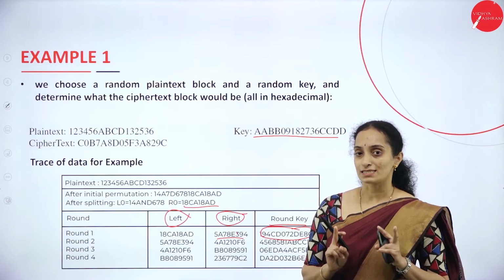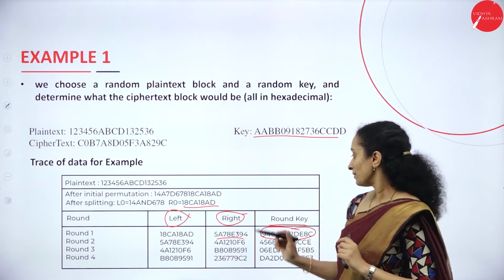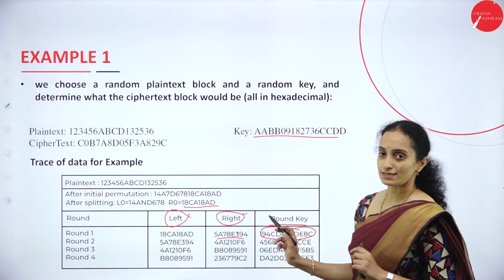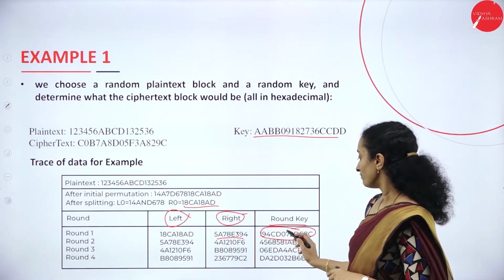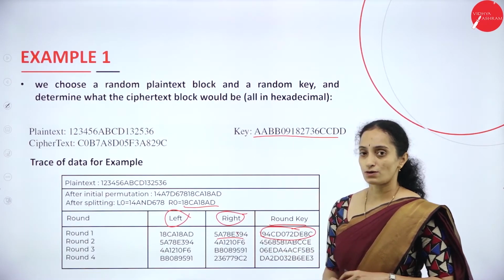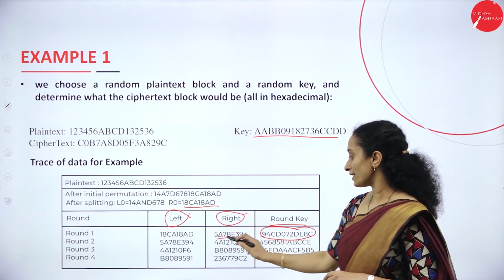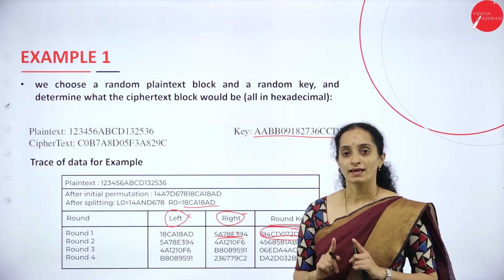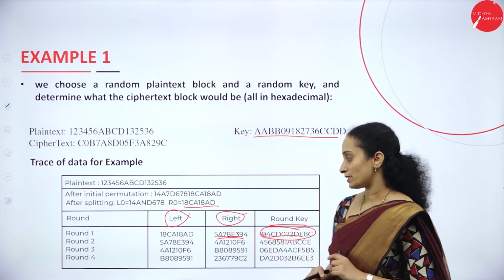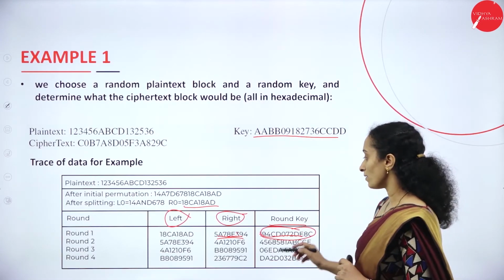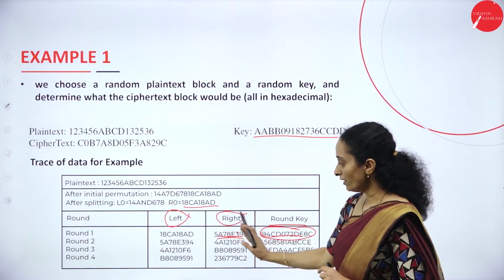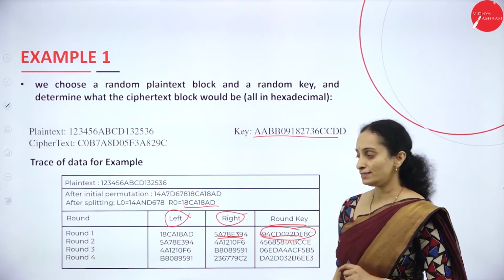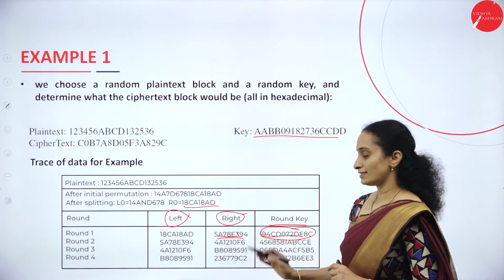A total of 16 bits will be dropped before getting a round key. Okay, we get the round key. For the round key operation, the right part and the round key are combined to perform an XOR, or exclusive OR, operation. Now again this is shifted to left and right.